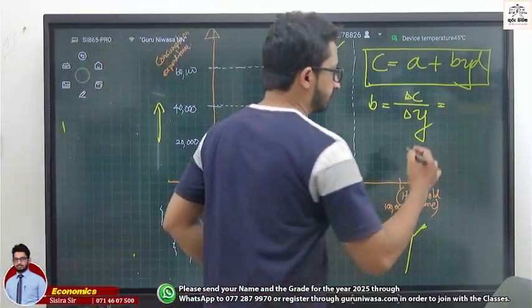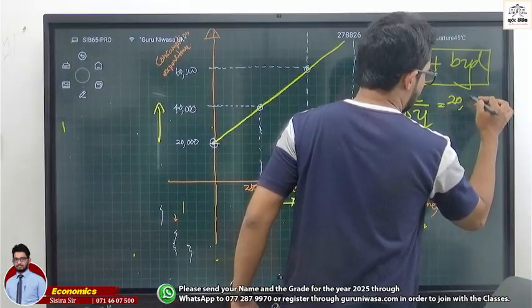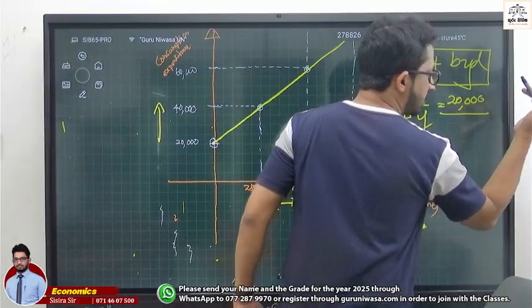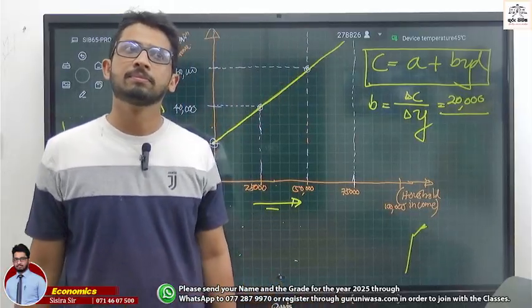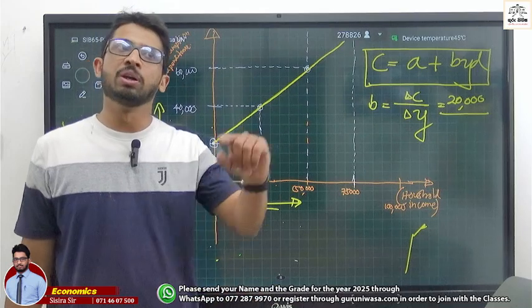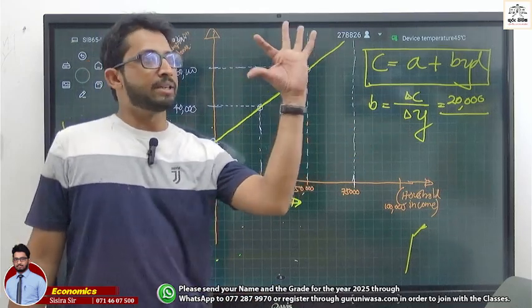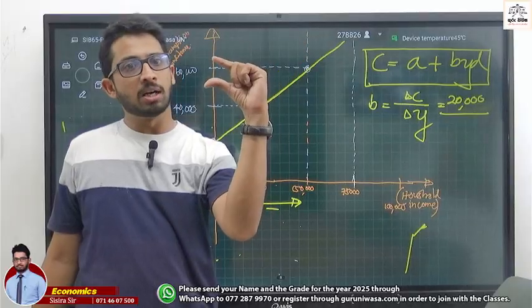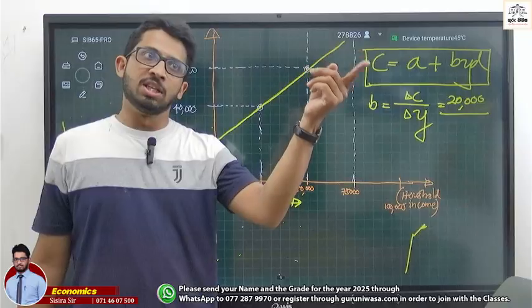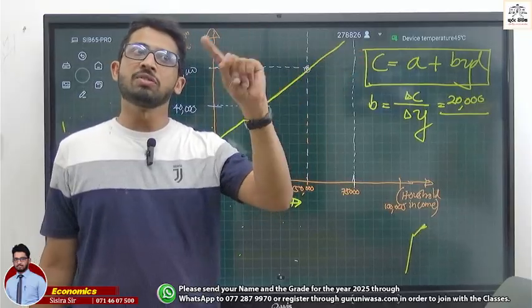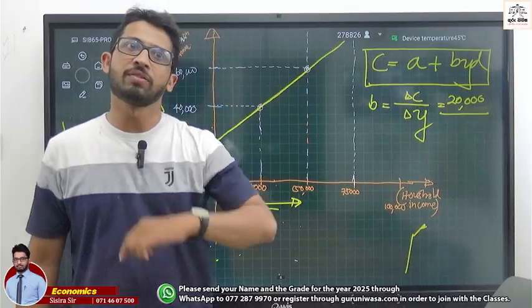Very good. Divided by the change in income. Go to the table and take the difference between two income points: 0, 25,000, 50,000. The change is 25,000.